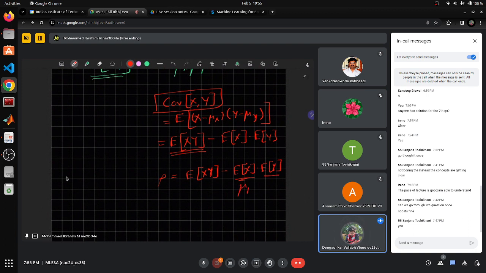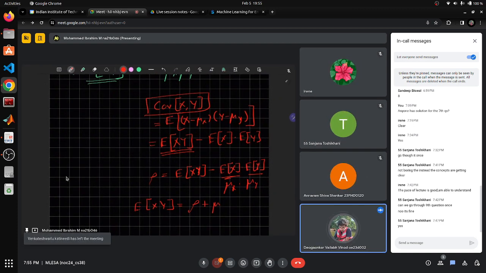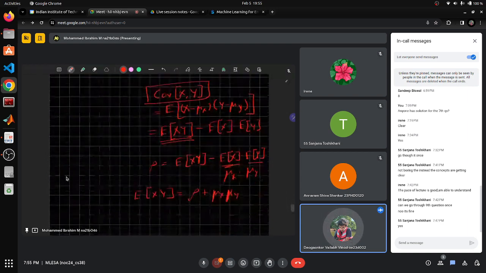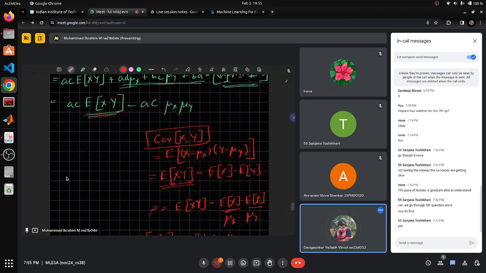That is just mu x and mu y, right? So we can write expectation of xy as rho plus mu x mu y. So that is what we are going to substitute over here.